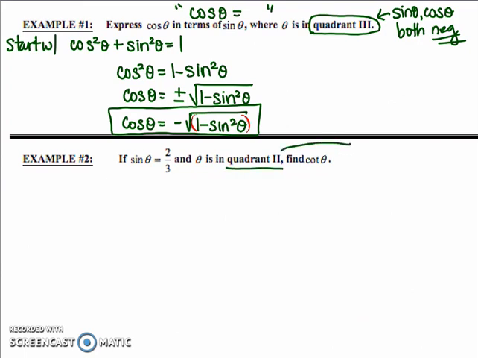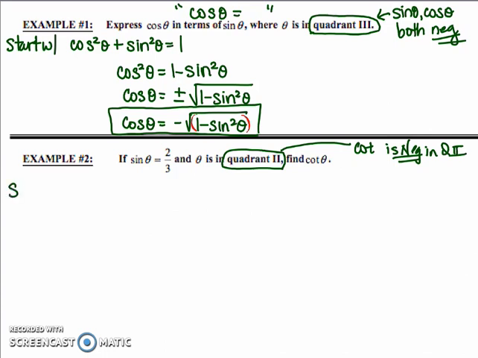So we're going to begin with writing that down first, just because we're going to need it at the end. We know that cotangent is negative in quadrant 2. So we're going to be choosing the negative answer when we get to that point.